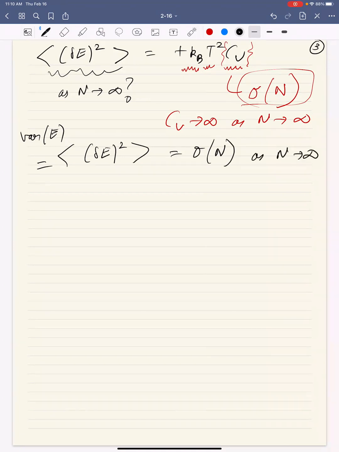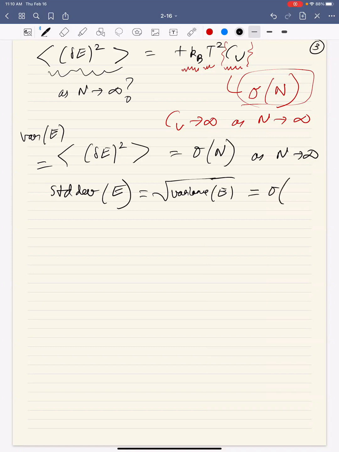Now that's very interesting, because this means that the standard deviation of energy, which is the square root of variance, goes to infinity as n to the power 1 by 2. That also diverges, but it's a bit slower. It goes as square root of n.